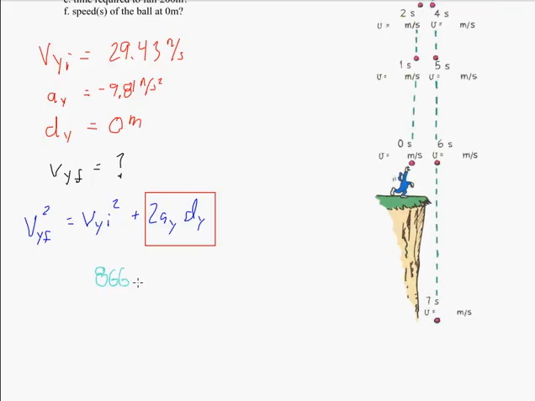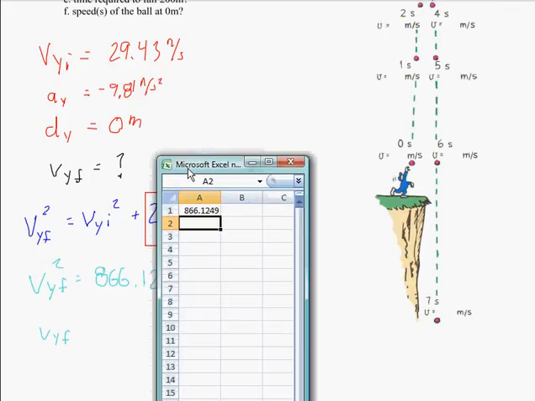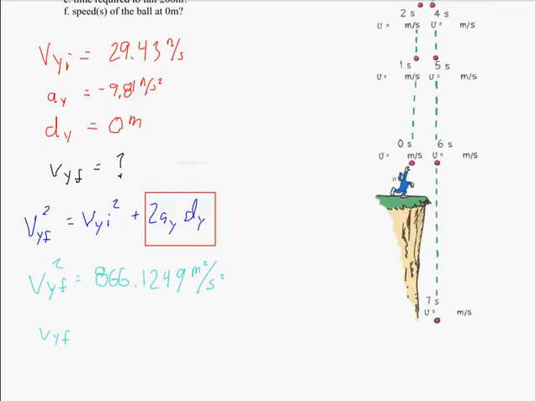or 866.1249 meters squared per second squared. And that's going to equal my VYF squared. Well, I've got to take the square root, and I think you guys should realize what the answer is going to be around. But the interesting thing is, guys, when I bring this value back and I take the square root of it, what happens when we take the square root of any value?